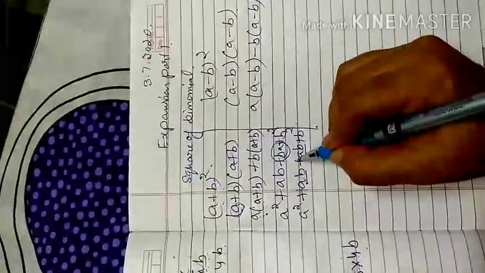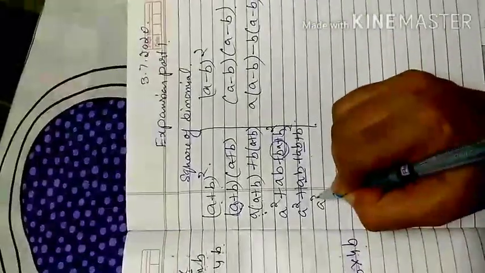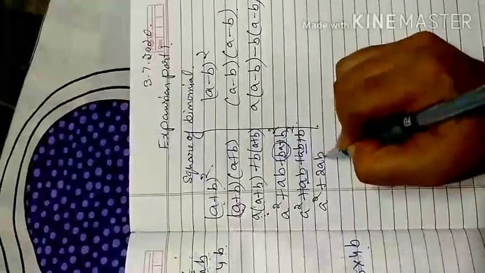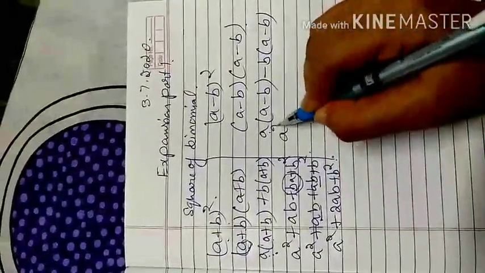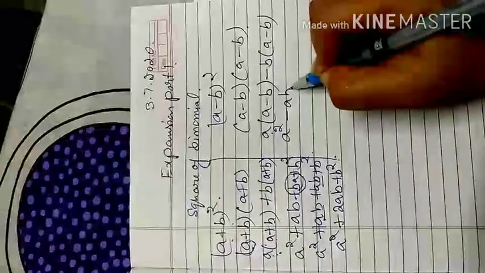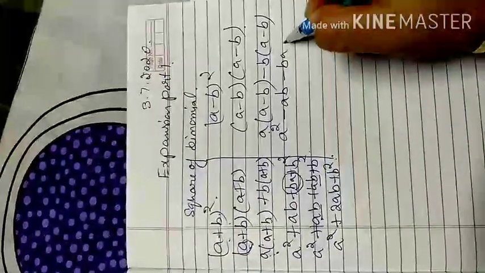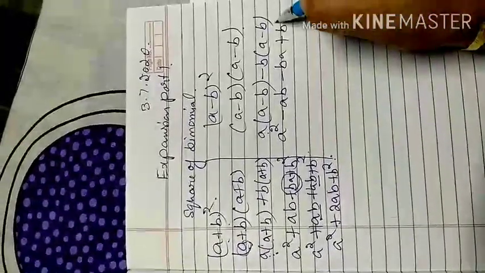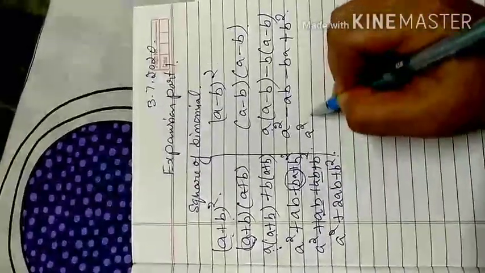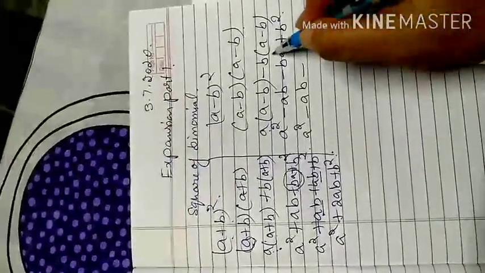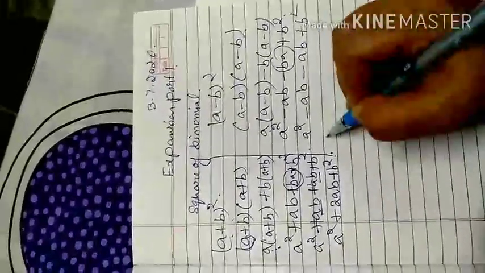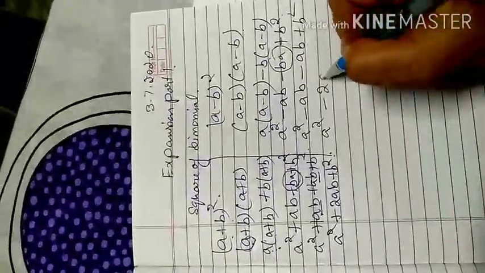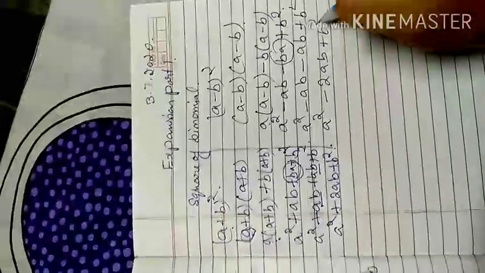The numerical parts are 1 and 1, so that will be a square plus 2ab plus b square. Similarly for the other, a multiplied by (a - b) gives a square minus ab, minus ba, and minus minus plus b square. Here also I can write ba as ab, plus b square, so a square minus 2ab plus b square.